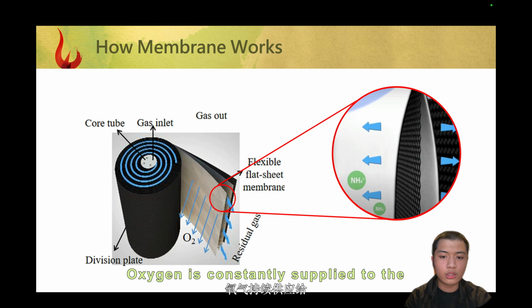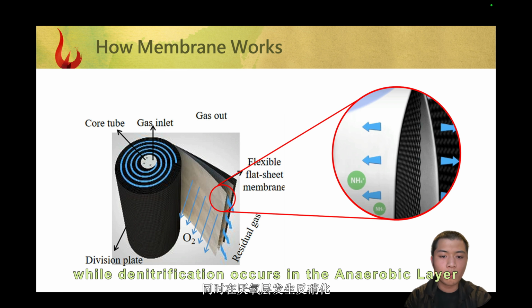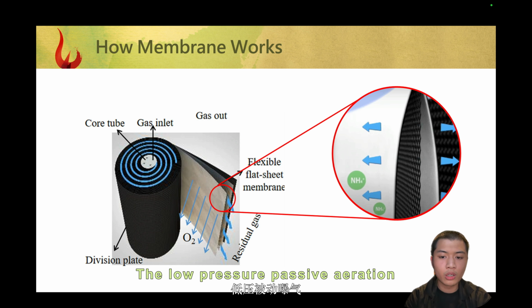Oxygen is constantly supplied to the fixed nitrifying biofilm that develops on the water side, while denitrification occurs in the anaerobic layer. The low-pressure passive aeration offers significant energy savings over conventional high-pressure aeration.